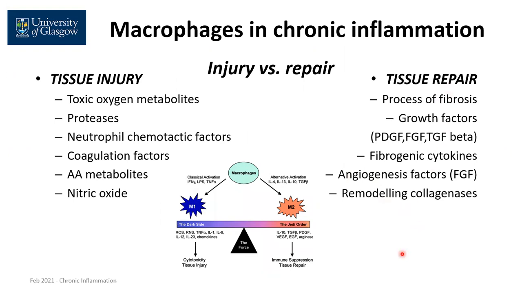And the macrophages can also contribute to the pool of other growth factors as well, which can have an important role in this process of angiogenesis, so the formation of new blood vessels within a tissue. But we'll cover this whole process in a lot more detail in the next lecture, in the healing and repair lecture.